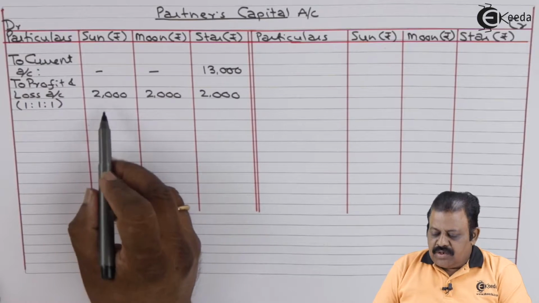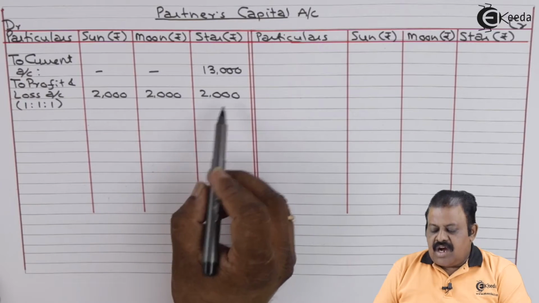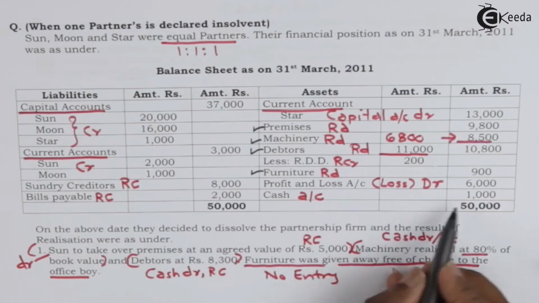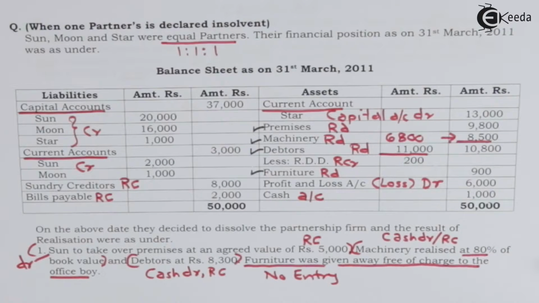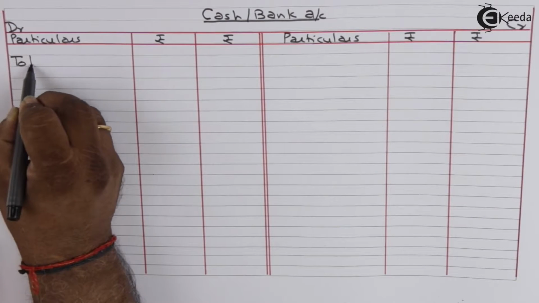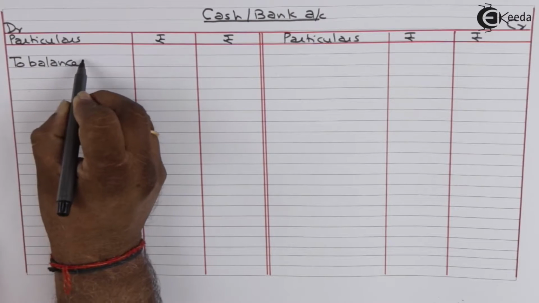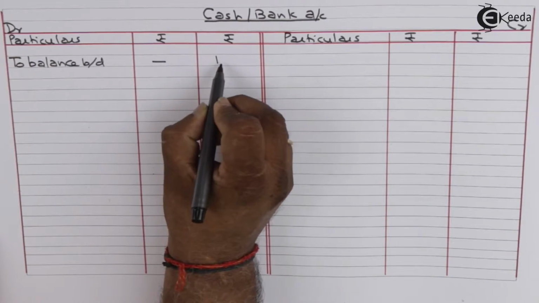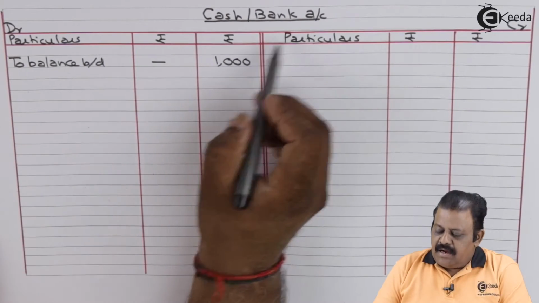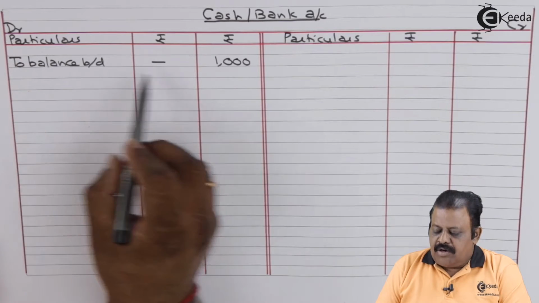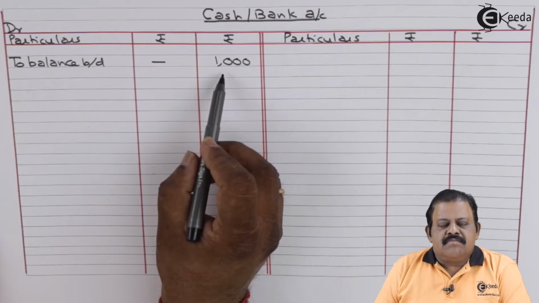So Sun 2,000, Moon 2,000, Star 2,000. Cash 1,000. This will be transferred to the cash account on the debit side. Cash bank account debit side to balance brought down 1,000.